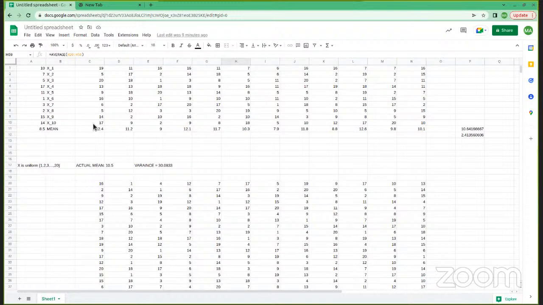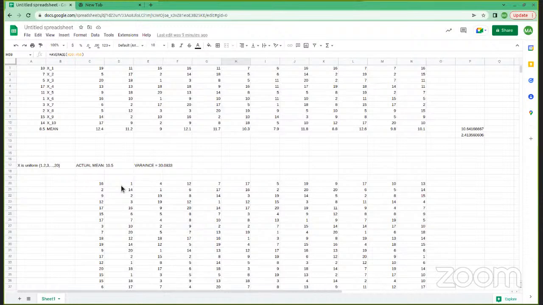Within those 10 points, we compute the variance: this minus the mean whole square, this minus the mean whole square, and so on, divided by n minus 1. That will be the sample variance.